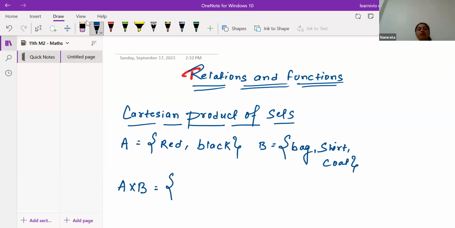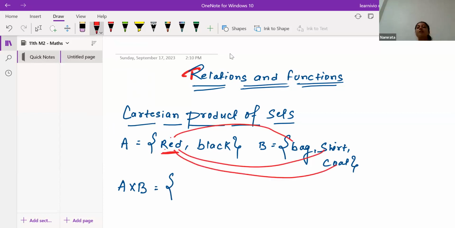So the first combination, see carefully, we can take red color with bag, with shirt, with coat. All the possibilities we have to write as ordered pairs.